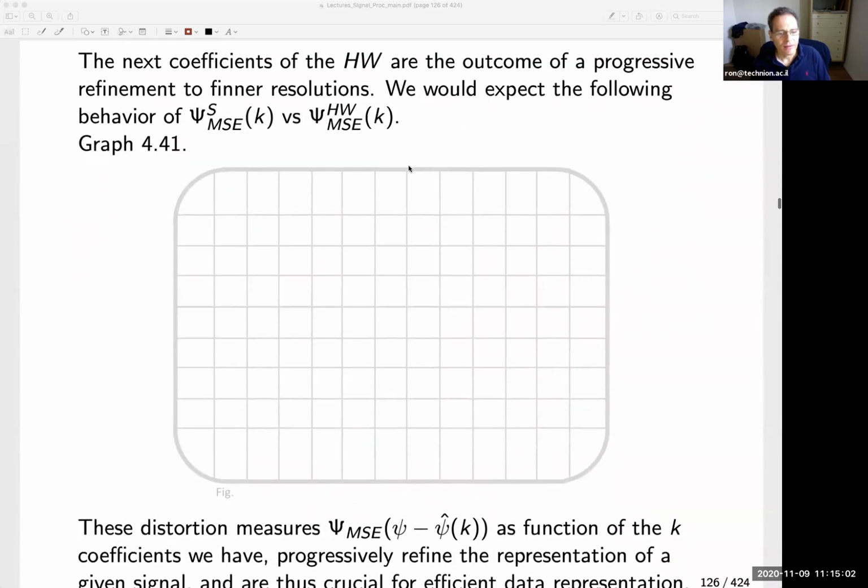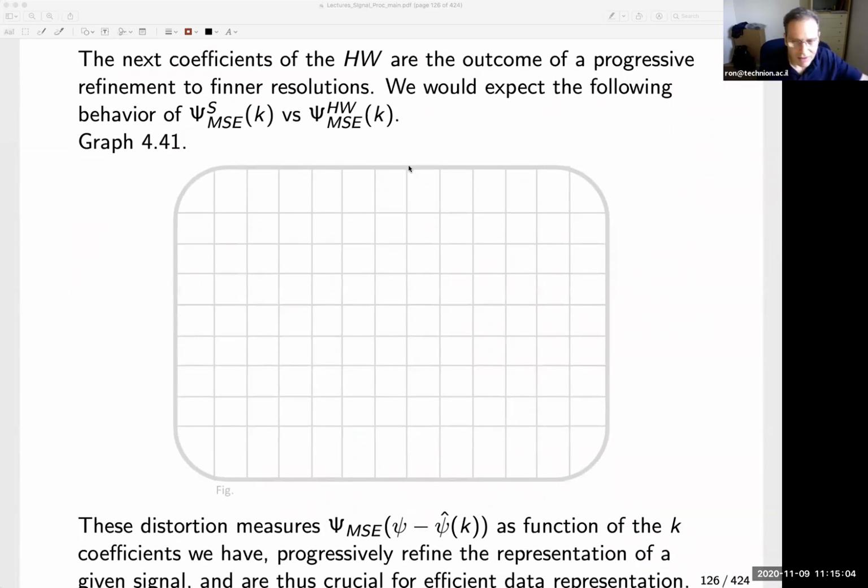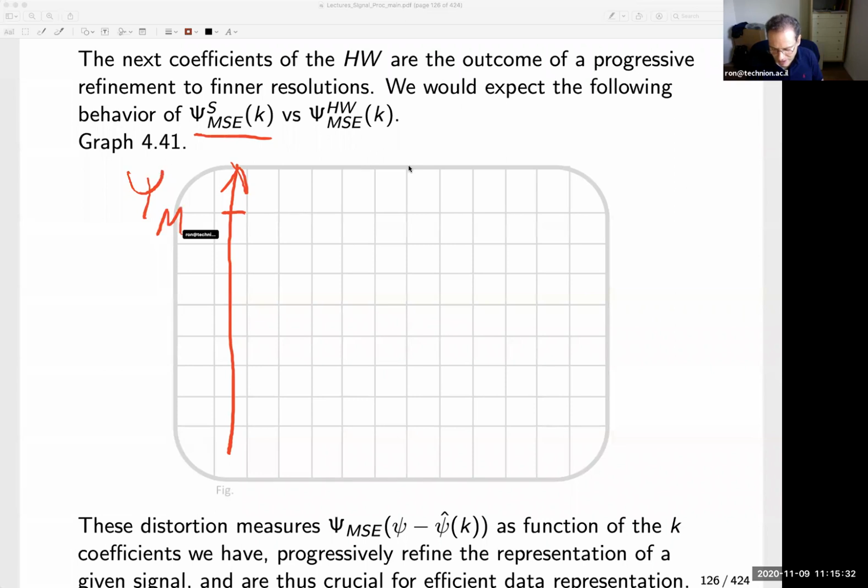So this drawing, let me just check that I'm not missing anything, should be exactly what we did until now. We've done it so many times, let's do it again. What we had here at the beginning of the signal, if I'm drawing this, the psi, the MSE at this point should be nothing but the energy of the signal.